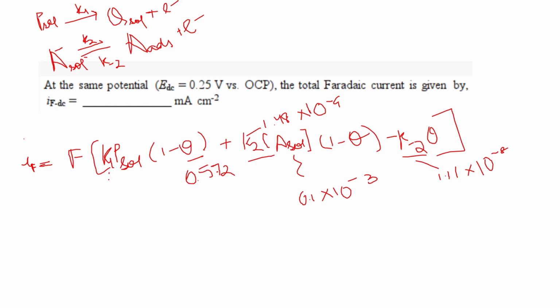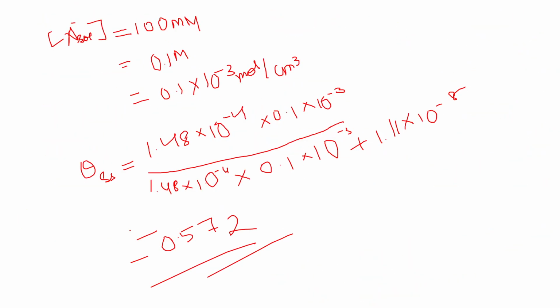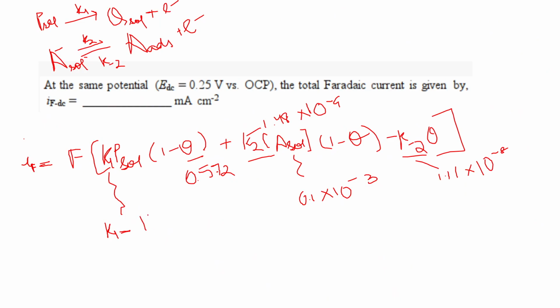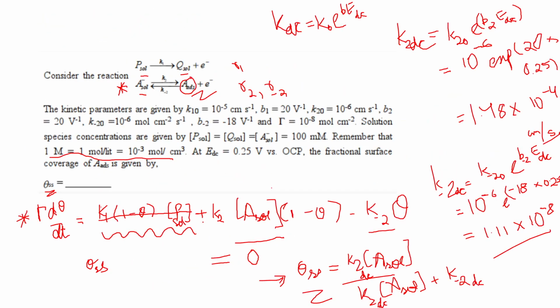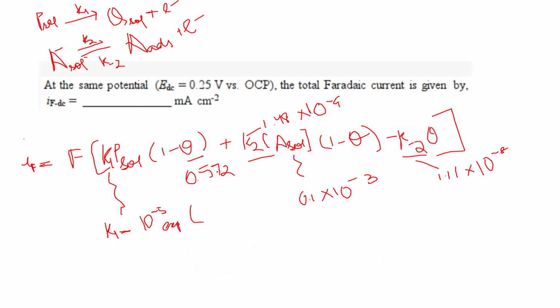So now what is K1? Can anyone tell me what is K1? K10 is 10 to the power minus 5, into exponential of 20 into 0.25. Now you have to substitute all the values and find out.